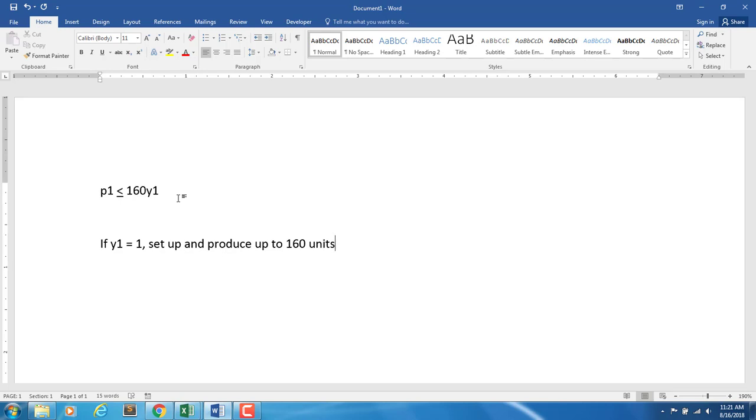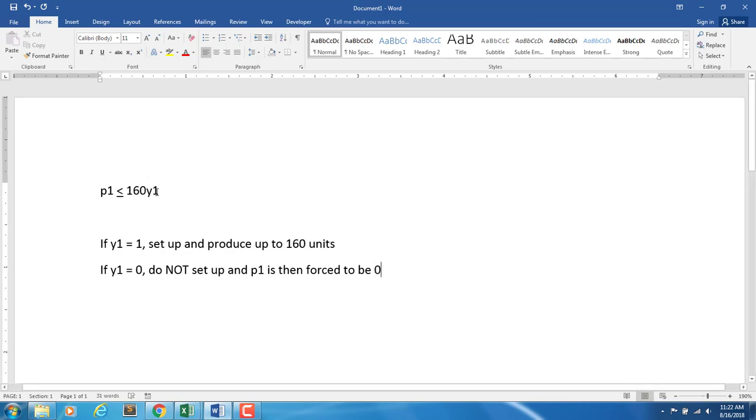You can still produce 0, but that would be ridiculous if you set up and incur the cost. If y1 equals 0, do not set up, and P1 is then forced to be 0.